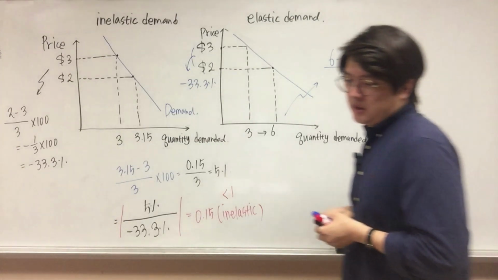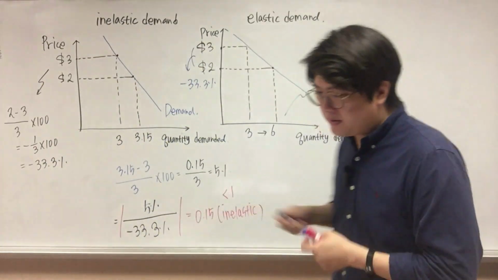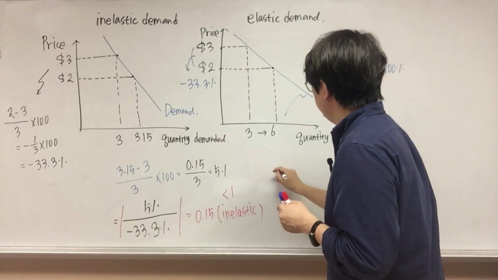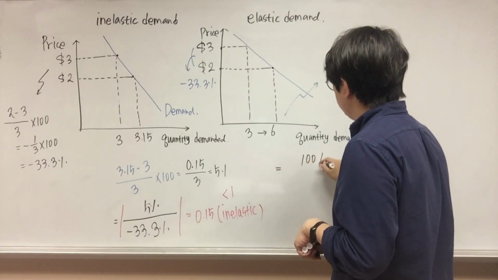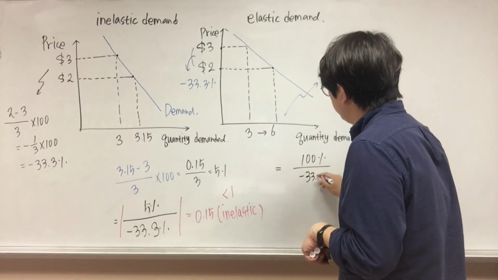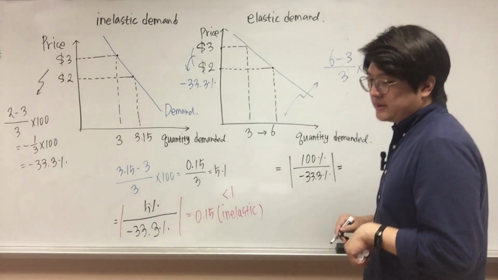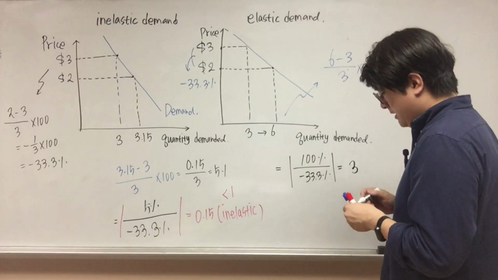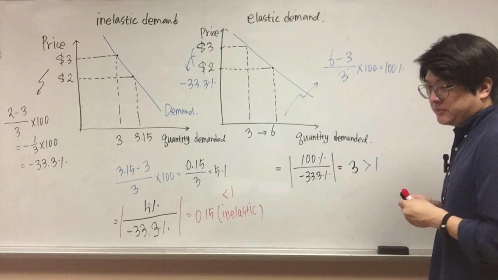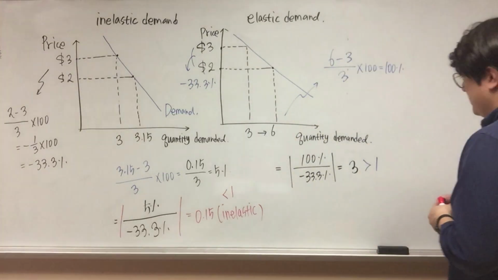So by using this information, how can you find the price elasticity of demand? The price elasticity of demand here is 100% divided by minus 33.3%, and we can take the absolute value. What is that? 3, which is greater than 1. So if the elasticity is greater than 1, we can call it elastic.